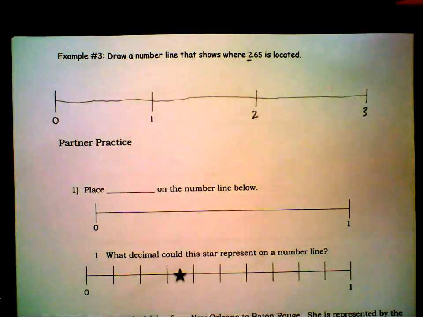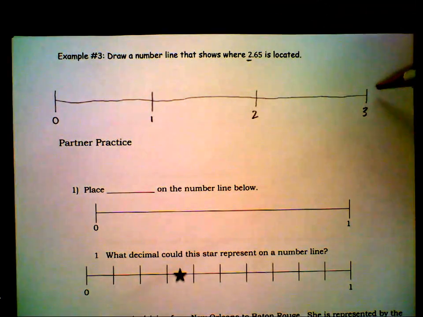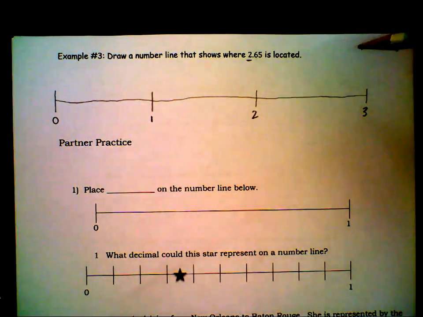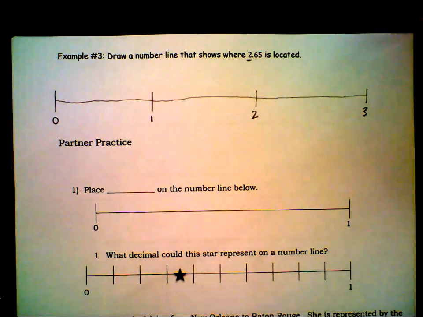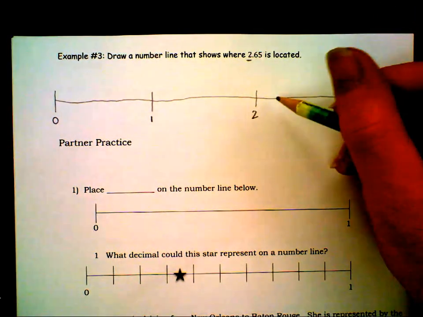Now, I need to draw a number line to show where this is located. And I've decided already, like I noted, that it's in between 2 and 3. Bigger than 2, because it's 2 and 65 hundredths, but smaller than 3. My first step after that is to divide the space into tens for my tenths.